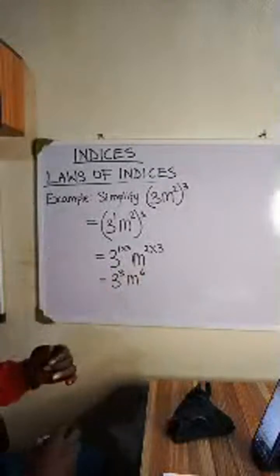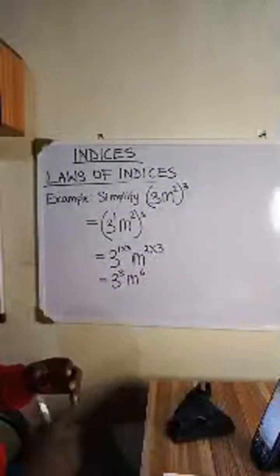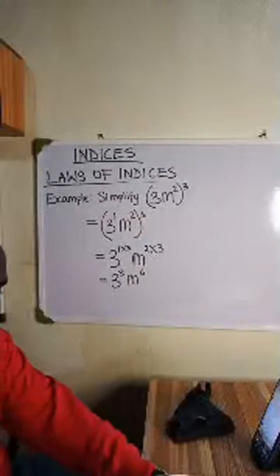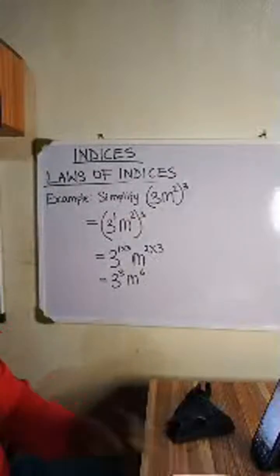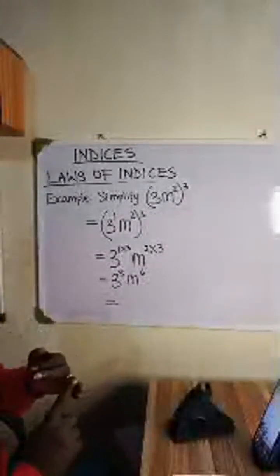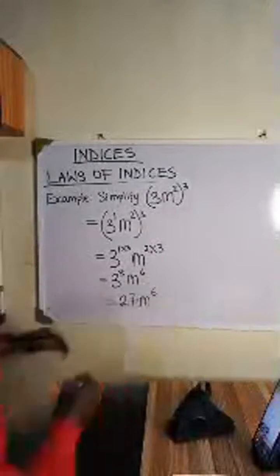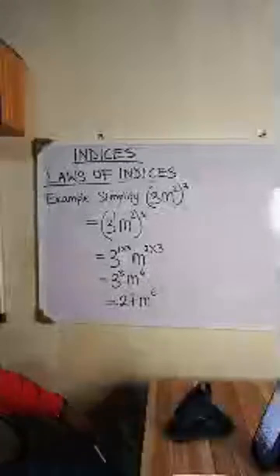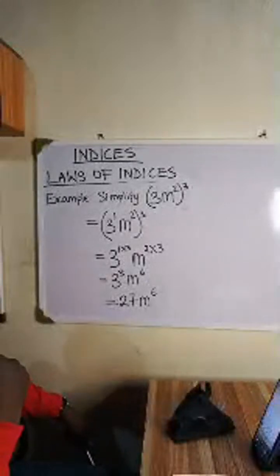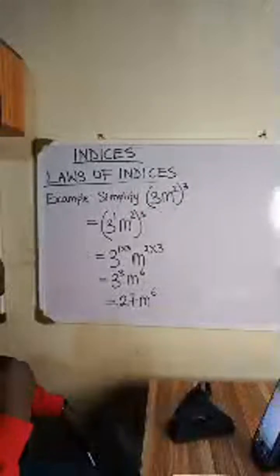So 3 to the power of 3 means 3 multiplying itself 3 times. So this will give us 3 times 3, 9. 9 times 3, 27. So we have 27 m to the power of 6.